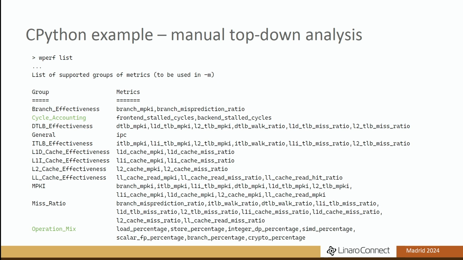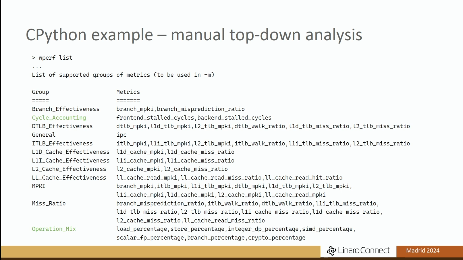There is cycle accounting. I can see the front end and back end are 2 metrics from this group of metrics. And I know that at the back end, Jumana showed this kind of stage 2. I can look deeper at the back end with the operation mix. Operation mix is basically where I can look at different speculations like load, store, floating point, SIMD, and other major components of the execution of our process, or our workload rather, to see what's happening.